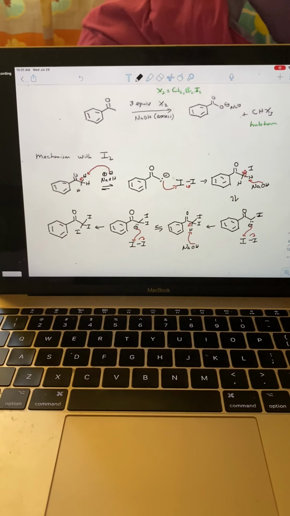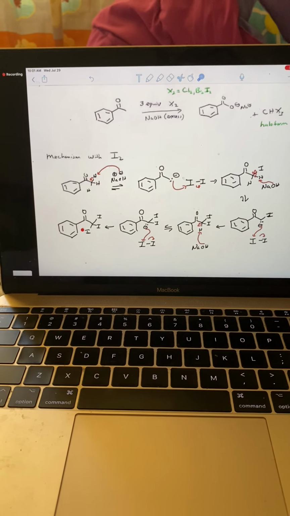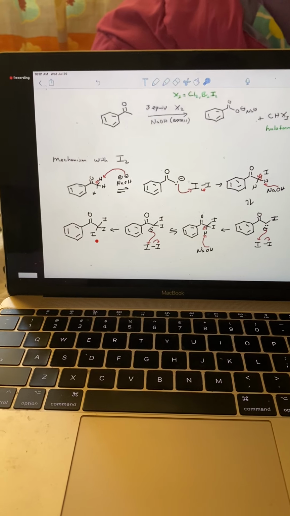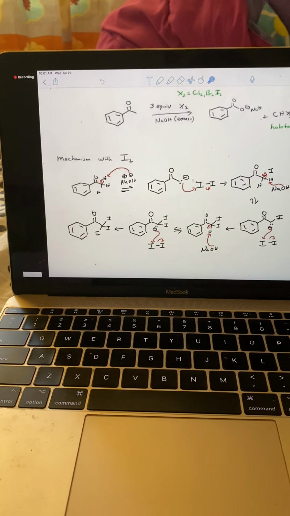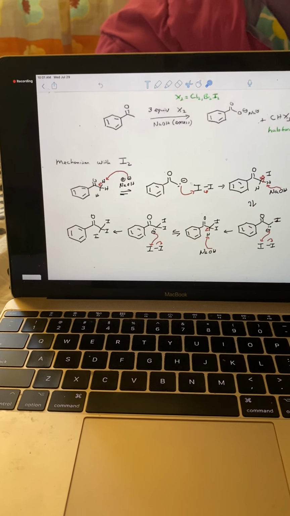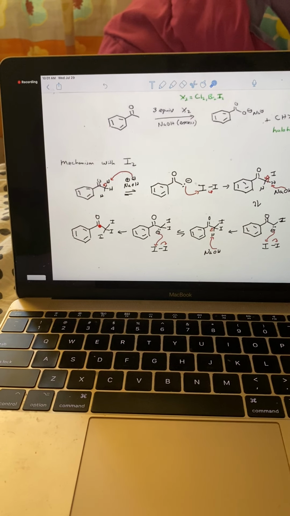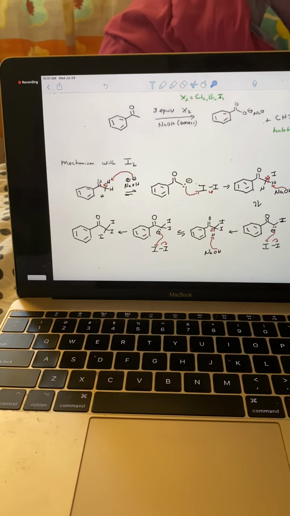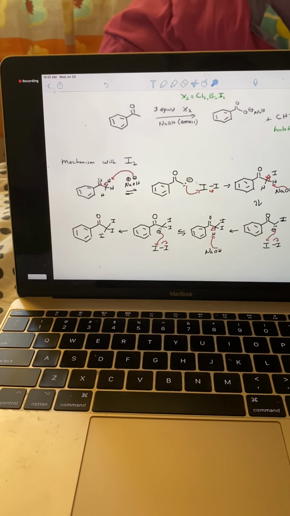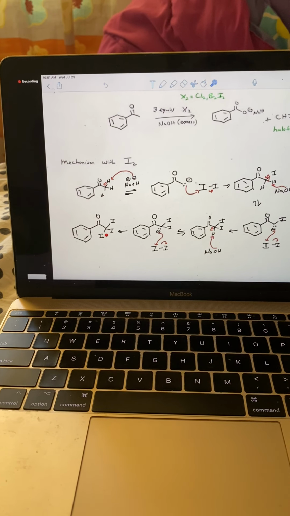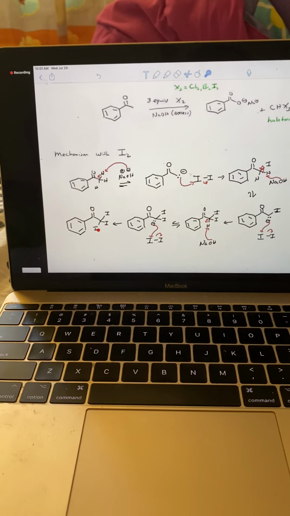We no longer have any alpha protons that we can remove, but now something happens, because we need to get to this carboxylic acid up here on the top. This carbonyl carbon is now going to become much more reactive than a regular ketone, for example, because we have all of this inductive effect, these 3 iodo groups, withdrawing electron density away.